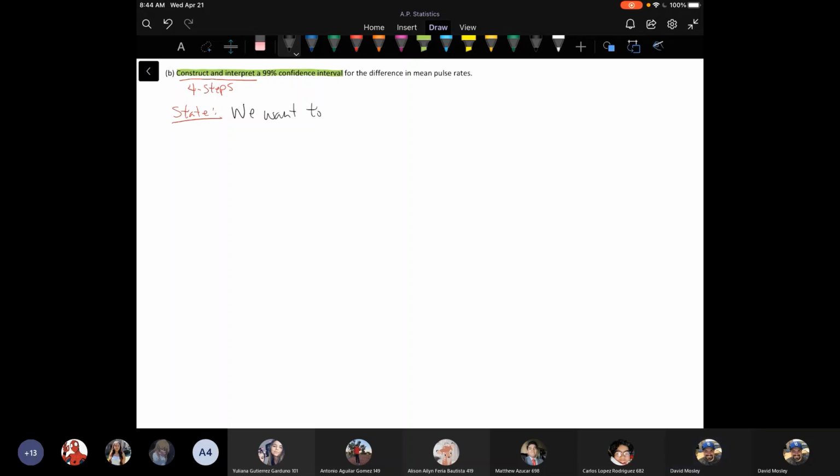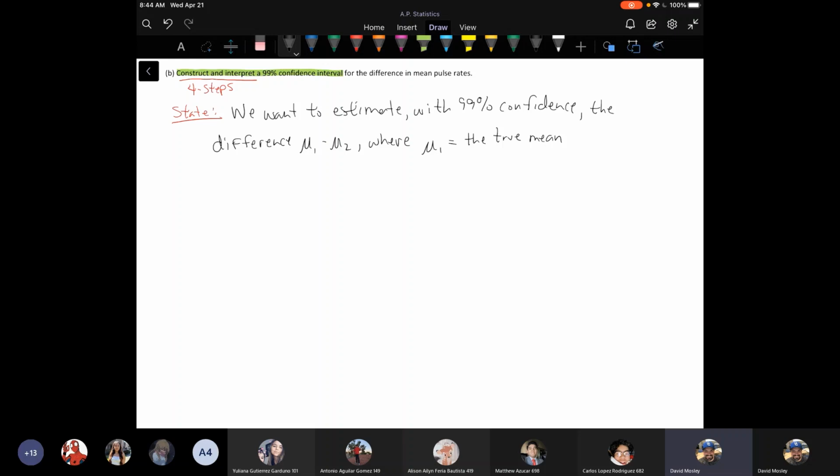We want to estimate, with 99% confidence, the difference mu1 minus mu2, where mu1 is the true mean pulse rate of patients similar to those in the experiment.